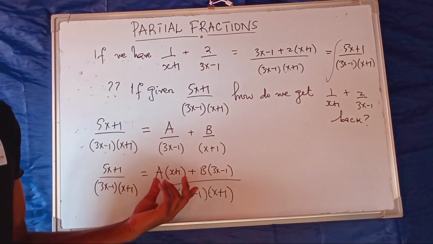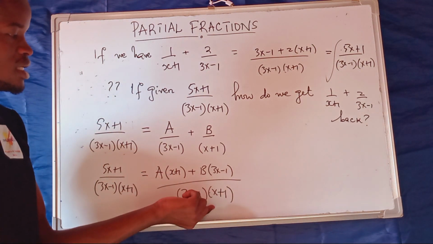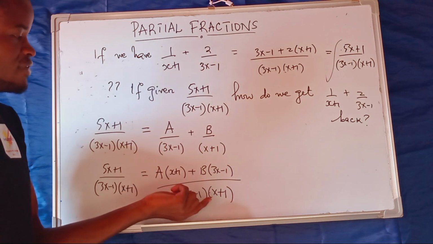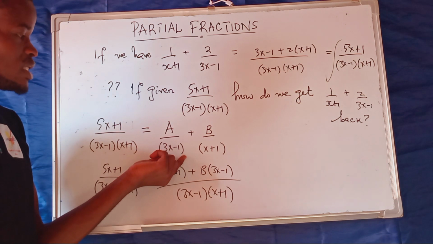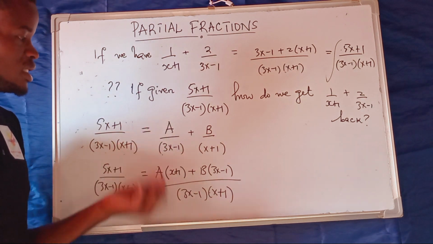You know where this comes from. I just take the LCM of this, then divide it by this, then what I get, I multiply it to an a.